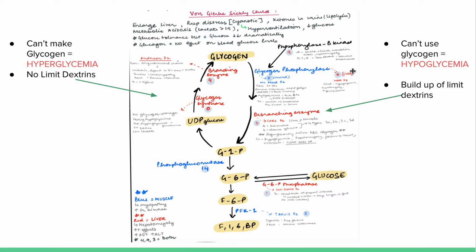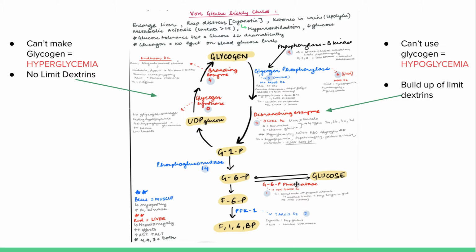The other place we see glycogen phosphorylase missing can be in the liver, and that's where we call it Hers disease. This is where we see quite severe hypoglycemia, because if the liver can't break down glycogen, it won't be able to send glucose to the rest of the body. So hypoglycemia, hepatomegaly with Hers.